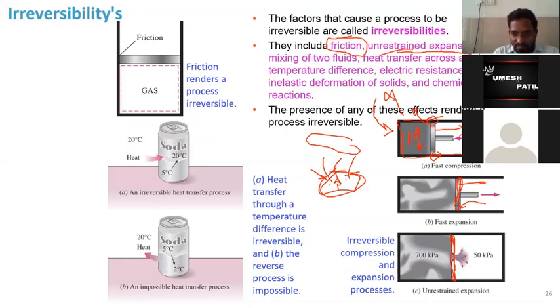Similarly, if there is some layer, and if I break that layer, the gases inside the chamber will rush out of the system. And as this layer has got broken, I cannot take those gases back into the system and retain that original pressure again. So unrestricted expansion is another cause of irreversibility.